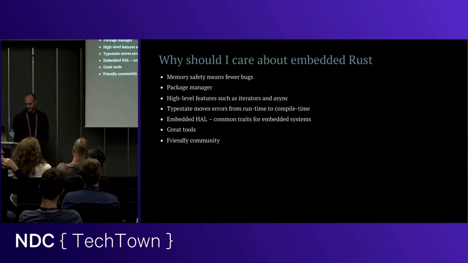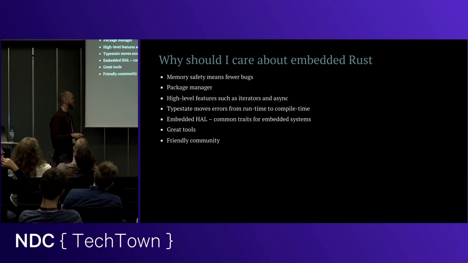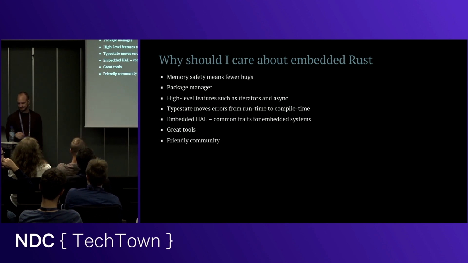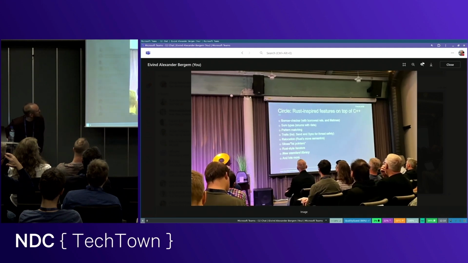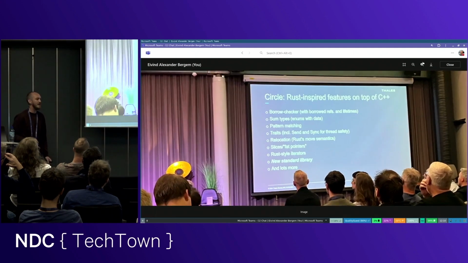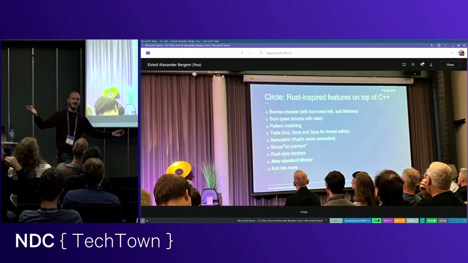I'm just gonna show one more thing here, because at the C++ "Where Do We Go Now" talk that just happened, there was a nice slide. I took a picture of it. I think we need to zoom in here. So the topic here, for those who didn't go, is that C++ is not memory safe.